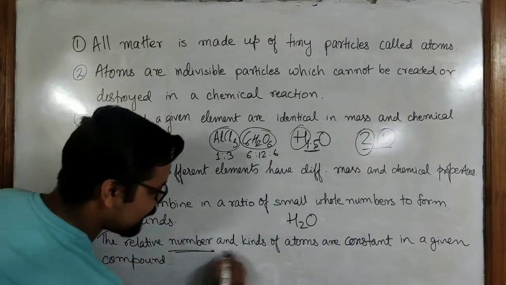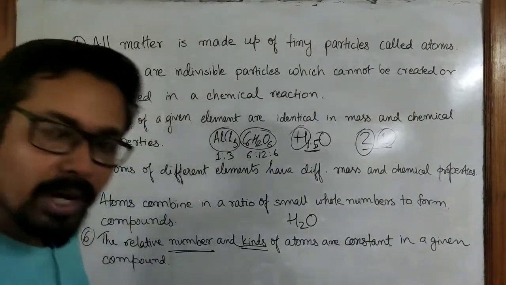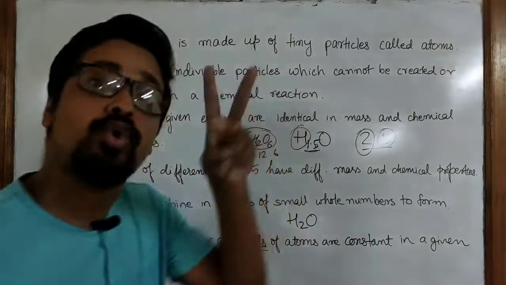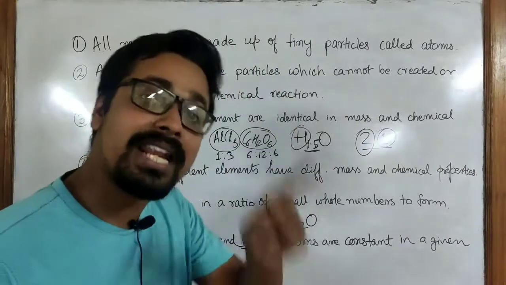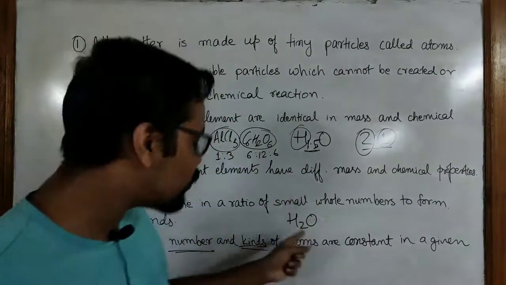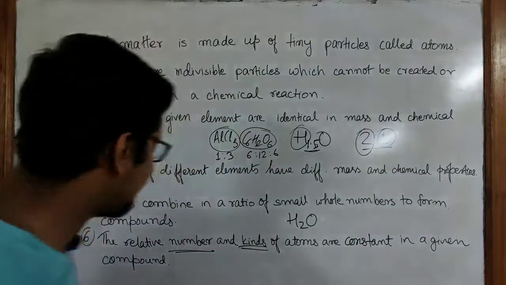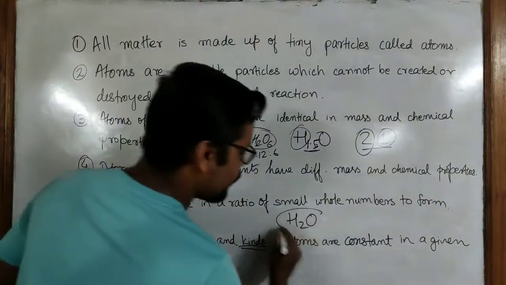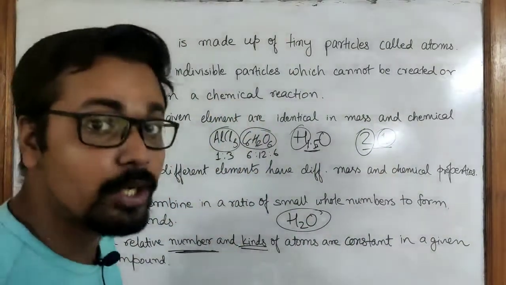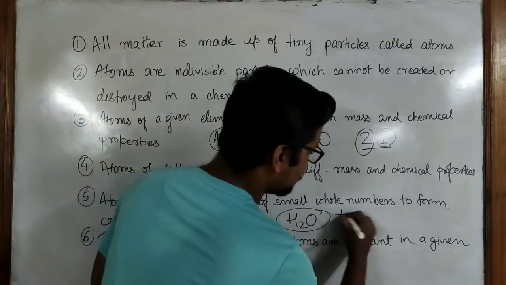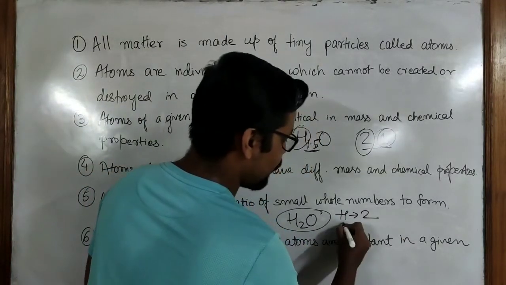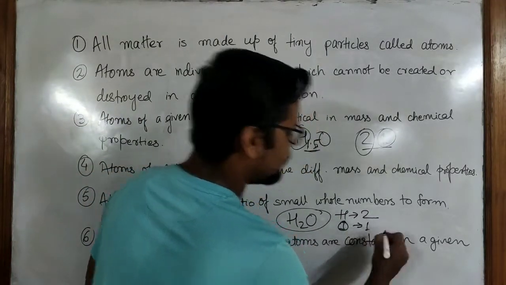In water, we are always going to have 2 atoms of hydrogen and 1 atom of oxygen. That is always constant. The number of atoms in water is always going to be constant of a particular type. Means there is always going to be 2 atoms of hydrogen and 1 atom of oxygen.